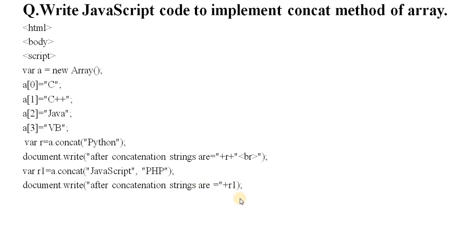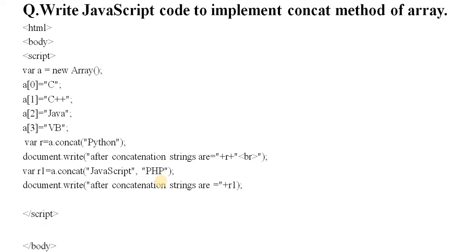It will display the output on a web page, that is C, C++, Java, VB. After that, it displays JavaScript and PHP, with a comma as a separator on a web page.